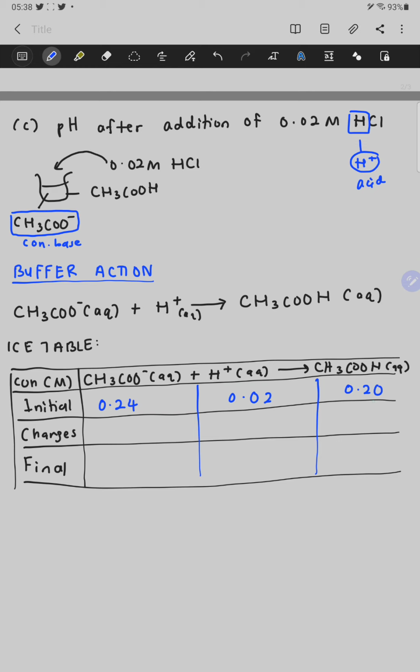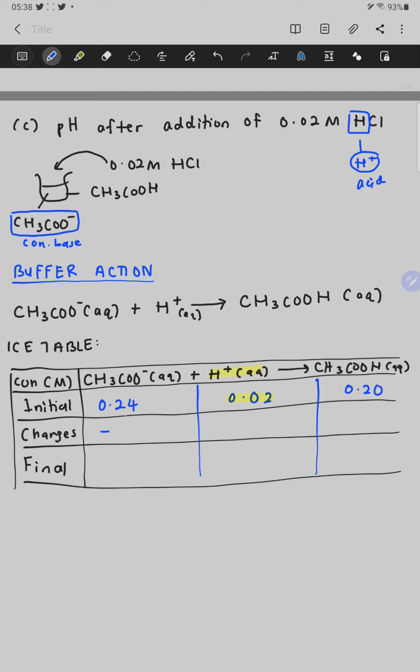Okay, initially, original value. Okay, and then after changes, kita akan minus, remember kita akan minus 100% according to the concentration of H+. Sebab kita nak remove, kita nak neutralize semua H+ yang ada, yang awak tambah inside the buffer.